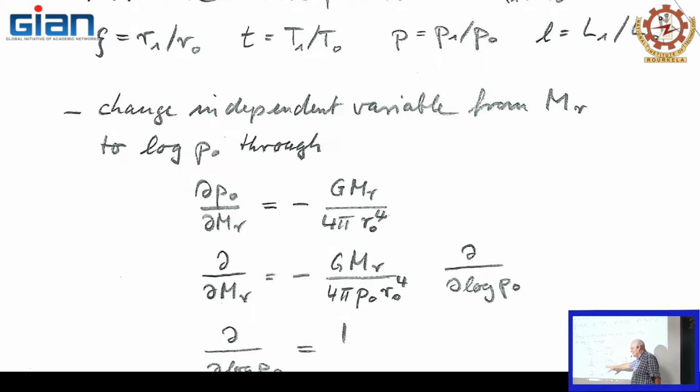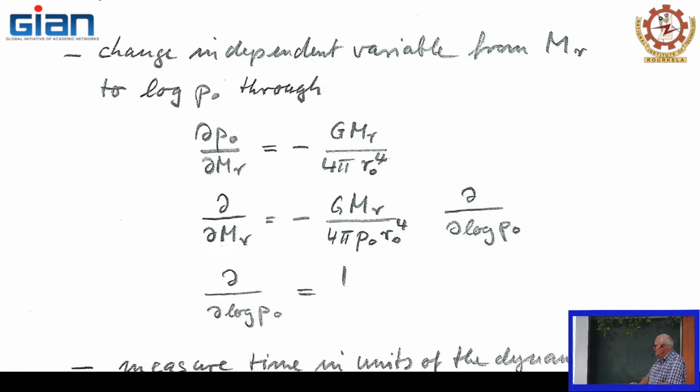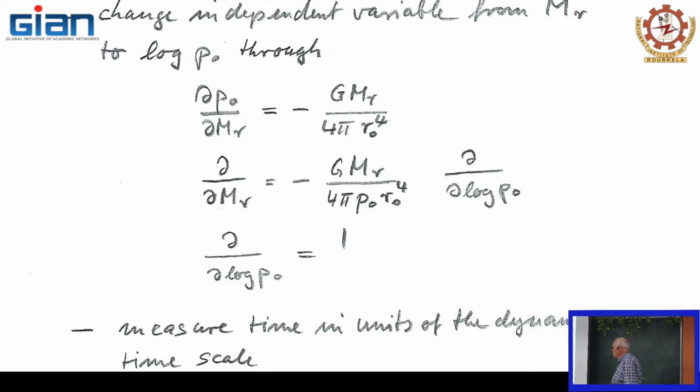The factor which connects the derivatives with respect to mass and logarithm of the background pressure is given by G m_r over 4 pi P0 times r0 to the 4th power. This is done for numerical purposes, to achieve good resolution in the outer parts of the star. It has no physical background. Hereafter, d by d log P0 will be denoted by a dash.